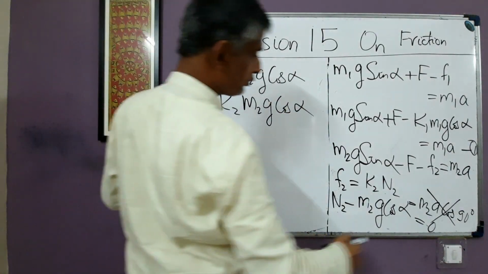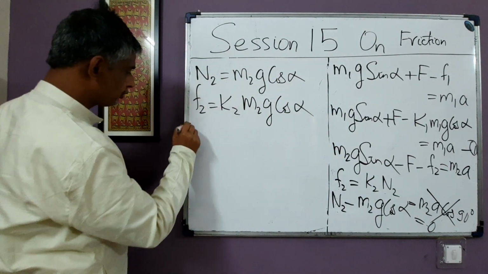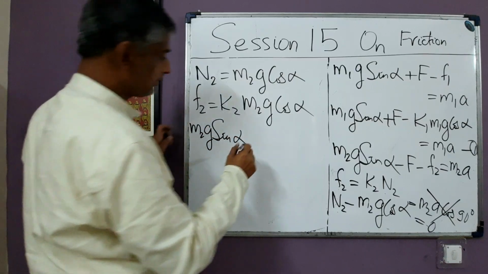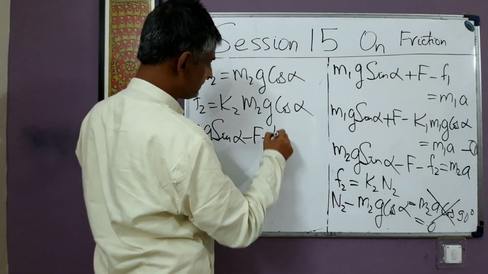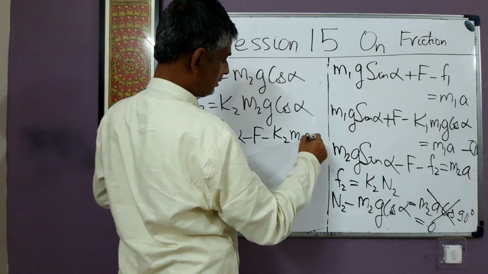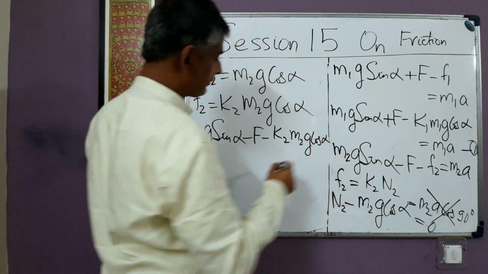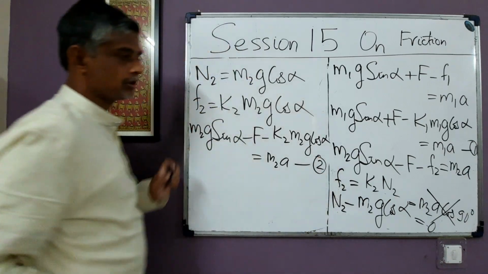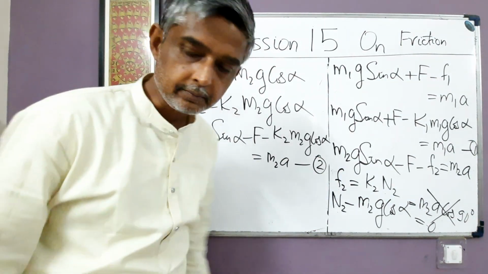Now this F2 I substitute in this formula. So what do I get? m2g sin alpha minus F minus K2 m2g cos alpha is equal to m2a. This is the second equation.